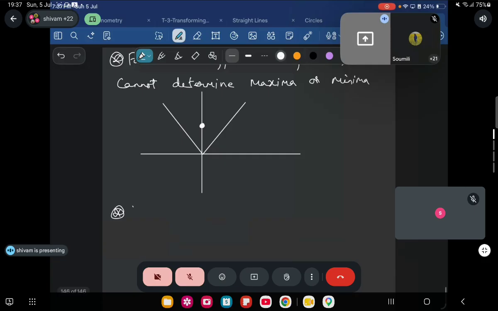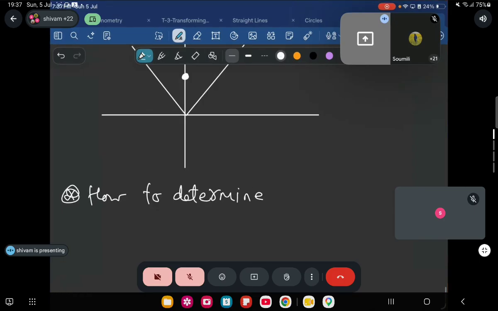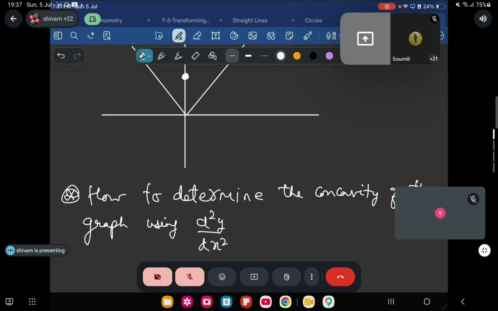Next, how to determine? This one is also done in the functions chapter. I've already done it, but still I'm doing it once again. How to determine the concavity of the graph using the second derivative d2y by dx square for a differentiable function?